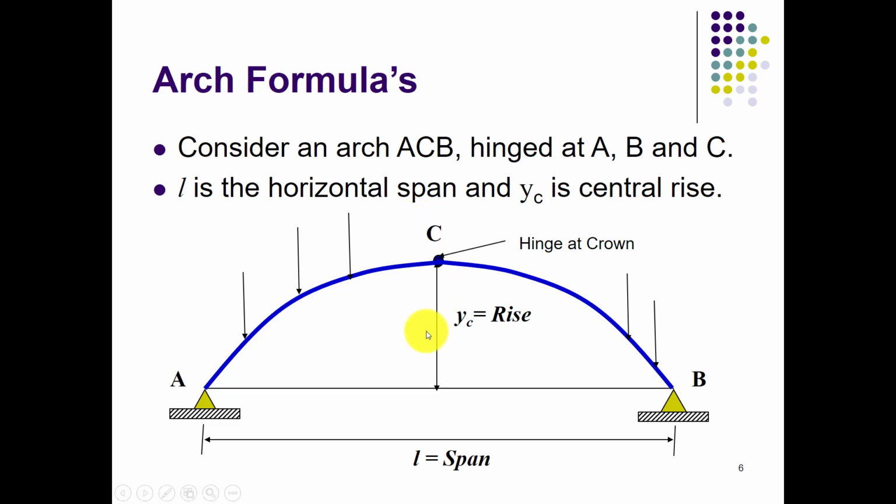By doing so, you will come up with the horizontal reaction, and then you can calculate the value of the horizontal reaction when you have the amount of moment at this point. You must keep in mind that the moment at point C would be the same if we take the section AC or the section BC.